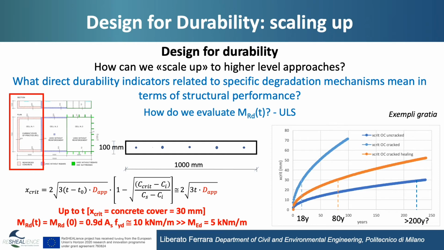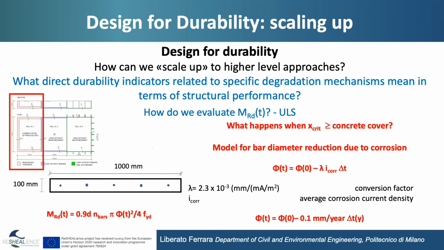When we arrive at this situation, the corrosion starts. So we need a model for the corrosion of the bar. And we have employed a very simple one, which you can find in the literature, where we decrease the diameter over time based on a parameter. We took a value from the literature and based on the average corrosion current density.